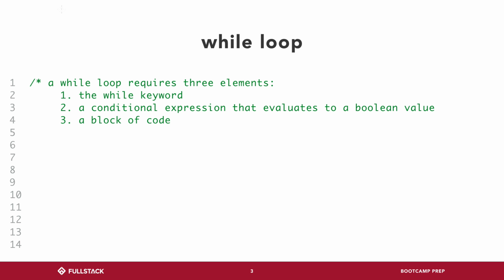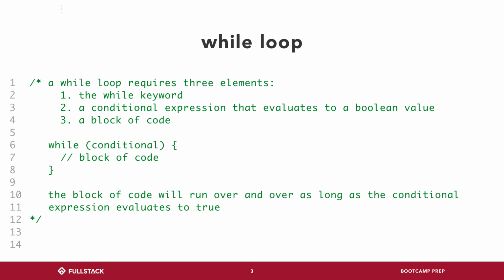Essentially, it requires the while word and a block of code, and it'll constantly run while this equates to true. Why a lot of people like using for loops better is because a for loop tells you when to break out. You're doing the incrementing or decrementing within the same parentheses, so it's impossible to forget to increment or decrement or move closer to the case where this becomes false.